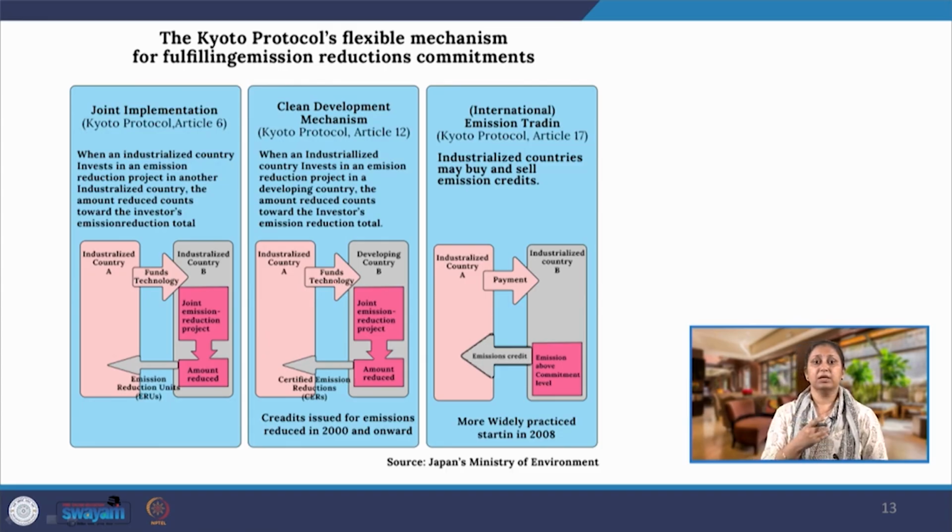If I give you a very clear example, Bhutan is carbon negative, it is a carbon sink. It has very low greenhouse gas emissions, but a country like China emits more than what it should. So, what it can do is purchase the carbon credits from Bhutan which it has earned, and there are benchmarks.